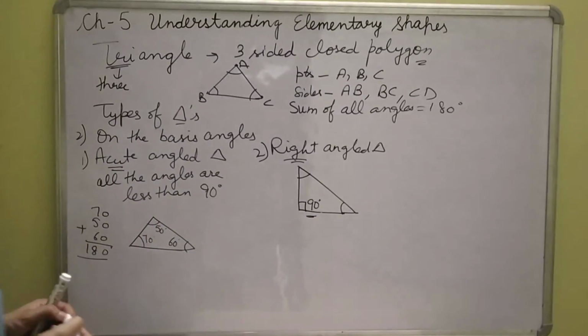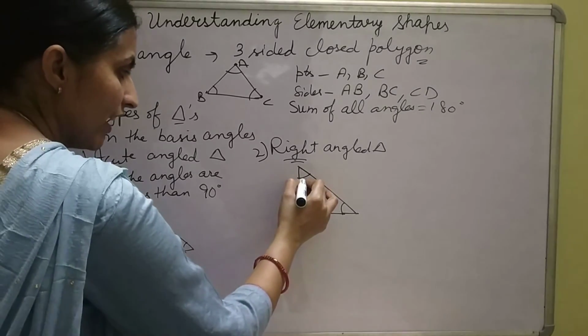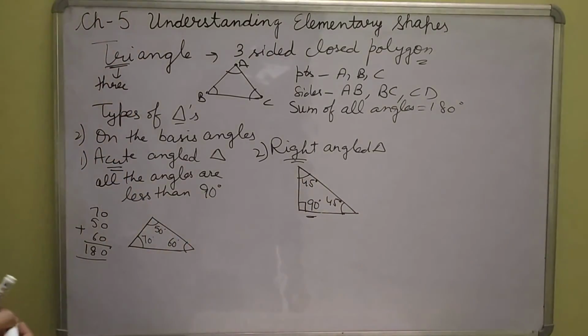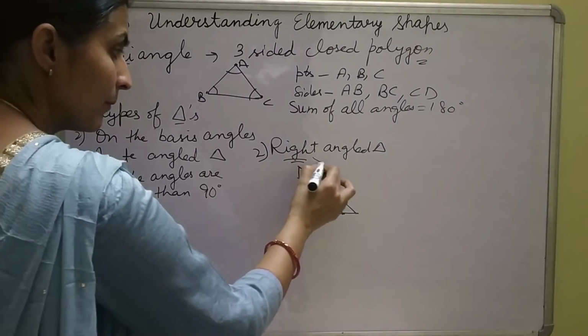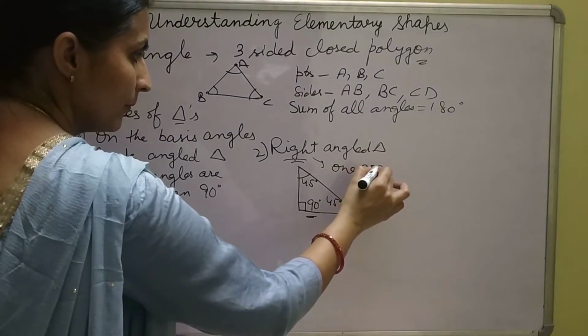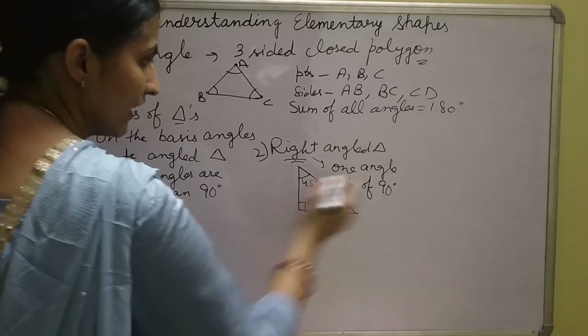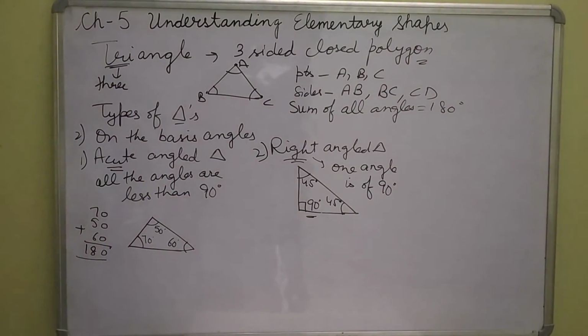So one angle is already 90. So the rest of the angles may be of 45 degree or whose sum is 90 degree. That kind of angle we are having. So right angle means one angle is of 90 degree. So this is our right angle triangle.